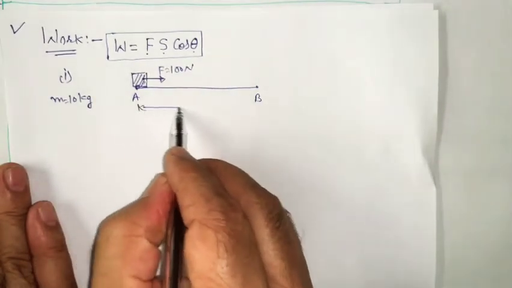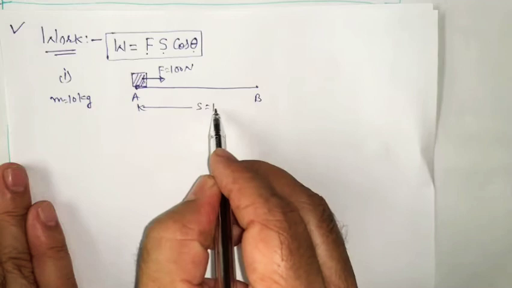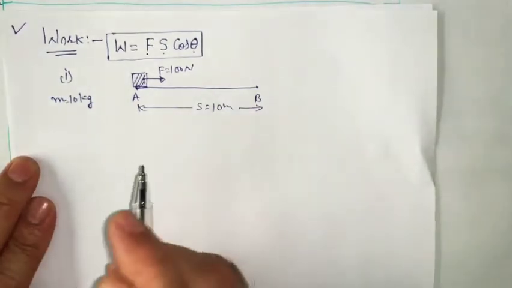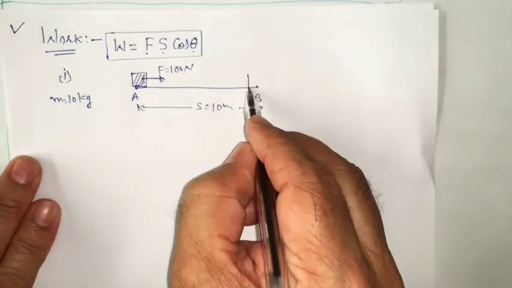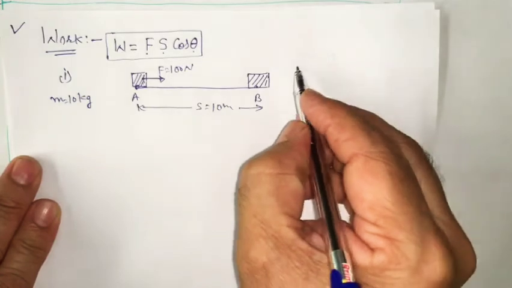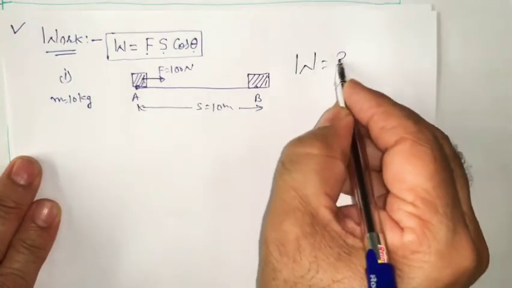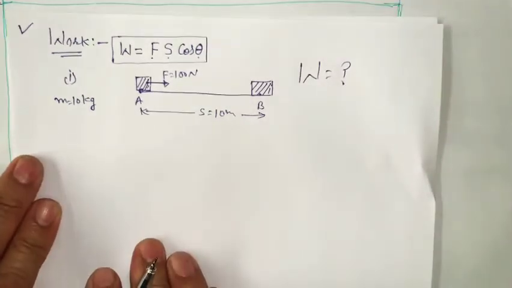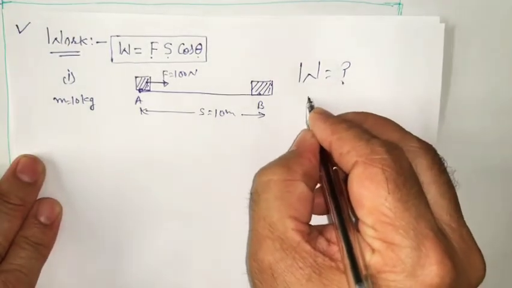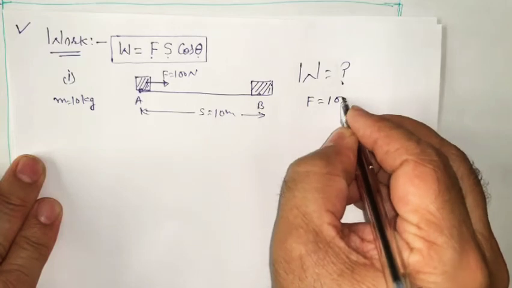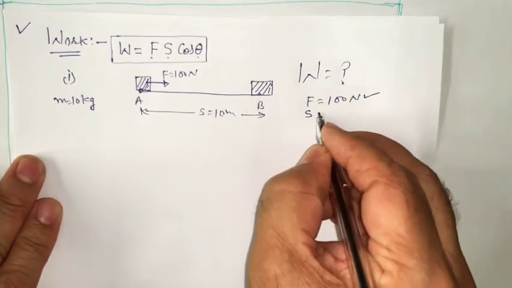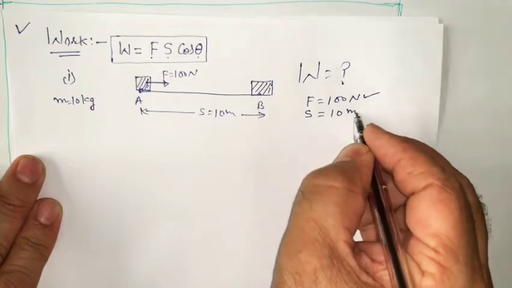Let me suppose displacement is 10 meter. Then how much work is done? So very clear. First of all, force is given, that is 100 Newton. System is clear. Distance or displacement is in meter, system is clear.